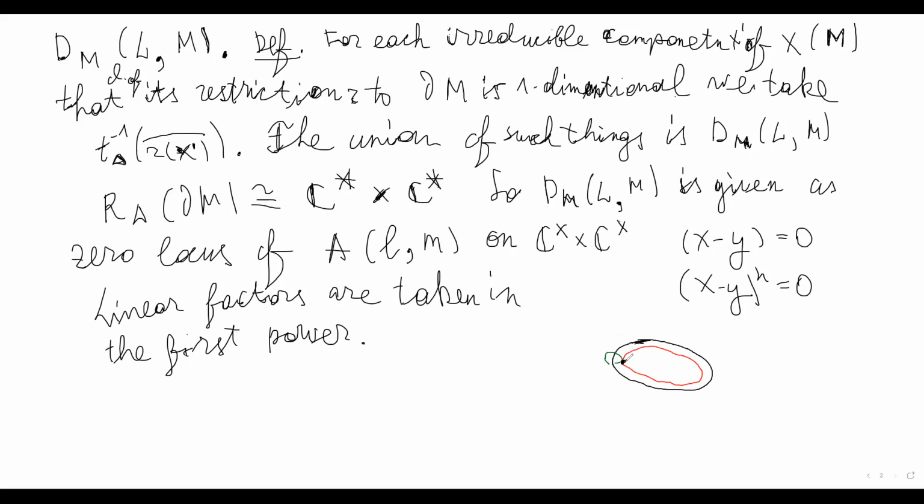We can draw it like this: here this will be the meridian, and let's draw the longitude like this. Will it be non-trivial? M is the complement of the open neighborhood of K. We take the open neighborhood because in the complement we want to have the boundary included.